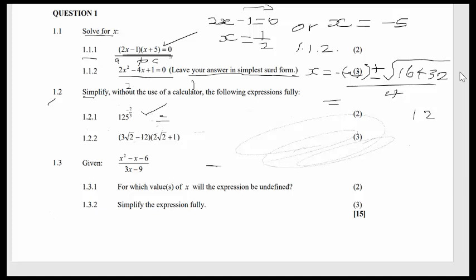Instead of working with 125, let's write the equivalent exponential number. 125 is 5 to the power of 3, because 5 times 5 is 25, and 25 times 5 is 125. So 5 to the power of 3 is equivalent to 125.